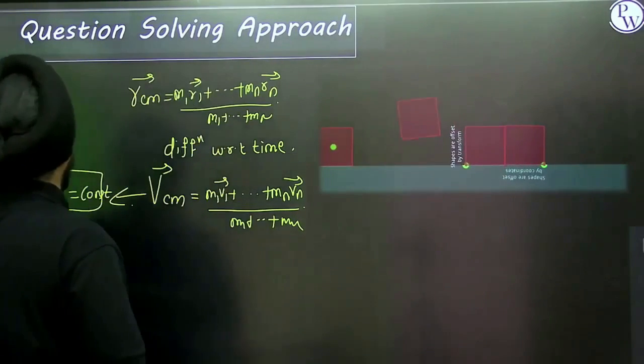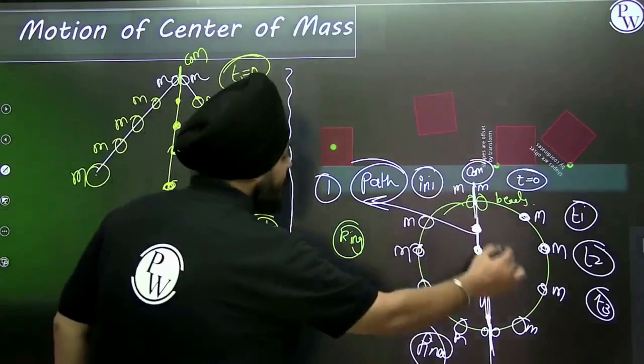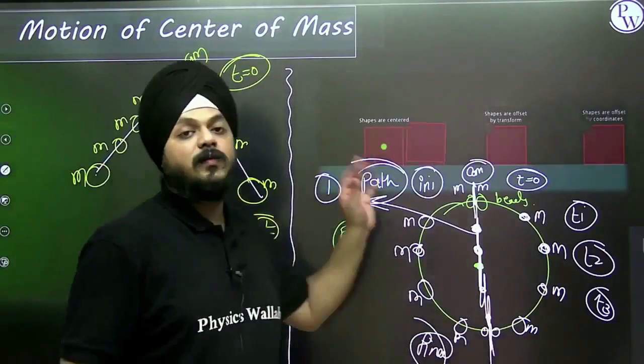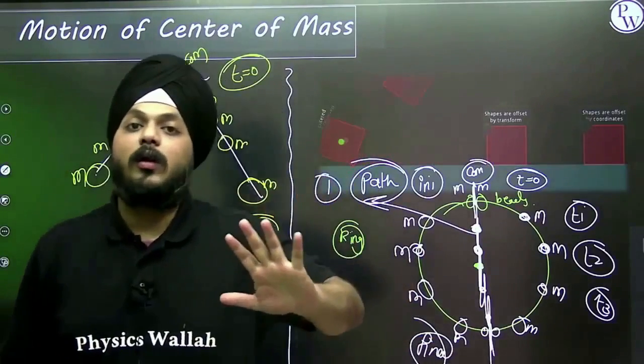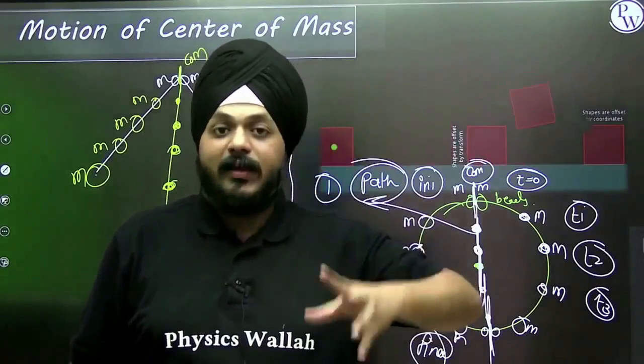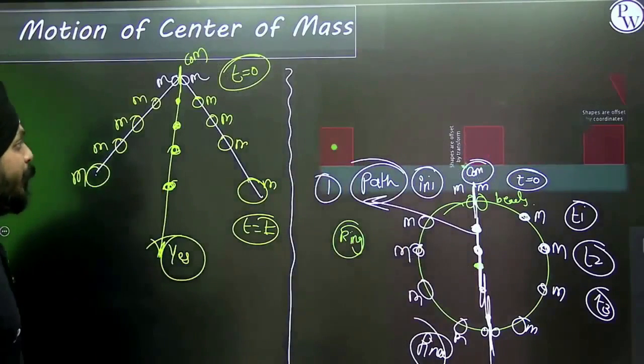Suppose in the previous case, in this case, it's not a big deal. These cases were just to make you all imagine that yes, there is the motion of the center of mass.